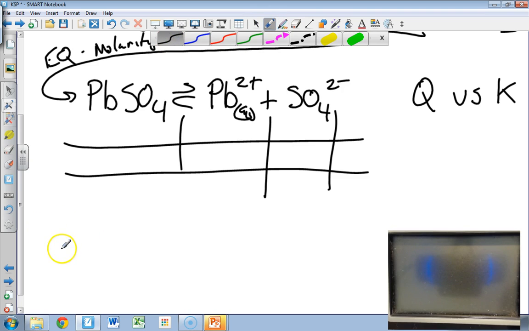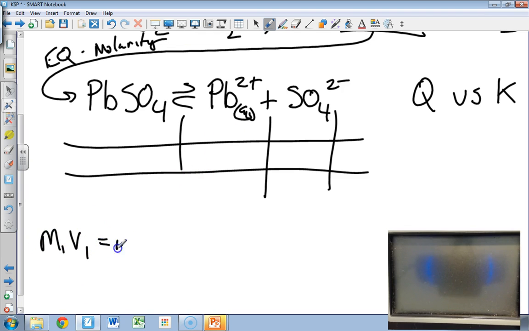Because it's diluted, we have to use M1V1 equals M2V2 to calculate what the new concentration of lead ions is in the new solution. Think about it.